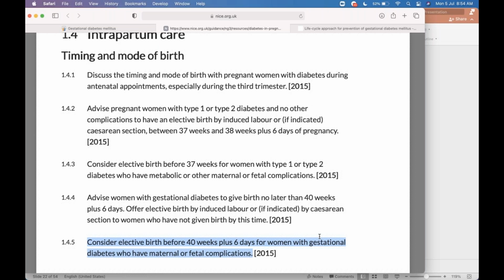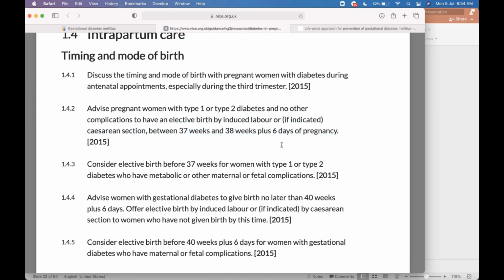If she has macrosomia, then we go for cesarean. If there is macrosomia and diabetes, then we will definitely go for that. Outside India, we consider macrosomia to be 4.5 kgs, and in India with diabetes, we consider it 4 kgs. Then we advise pregnant women with type 1 or type 2 diabetes and no other complications elective birth, by induced labor or, if indicated, by cesarean, between 37 and 38 plus 6.